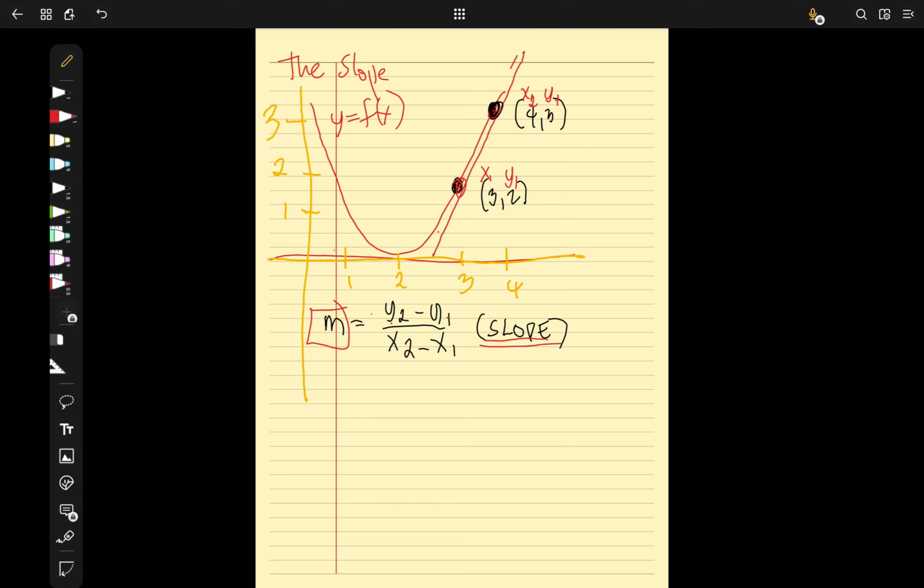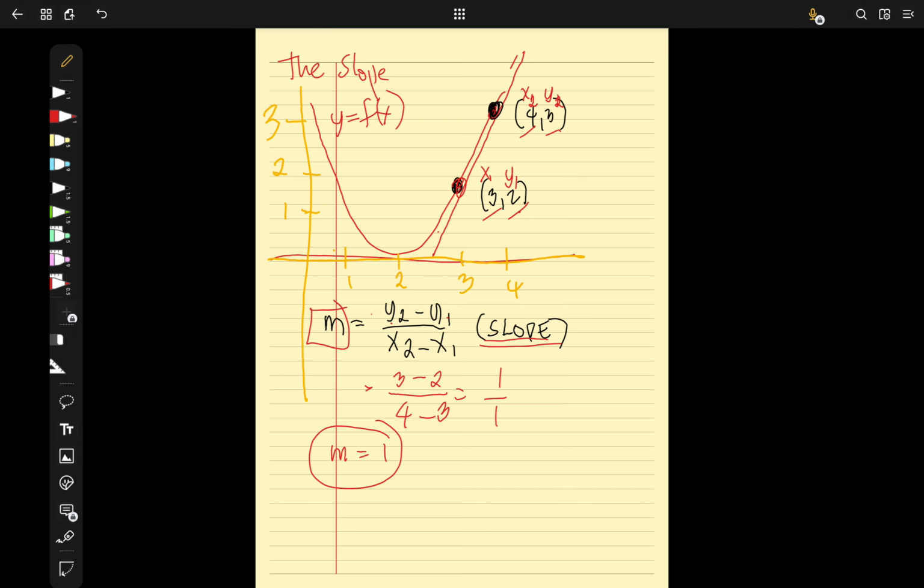So, y sub 2 or the second y, which is 3, minus the first y, 2, all over second x, 4, minus first x, 3. So, you will have 3 minus 2, 1 over 4 minus 3, 1. So, therefore, the slope of the line passing through 4, 3, and 3, 2 is 1. So, yun yung slope ng line natin.